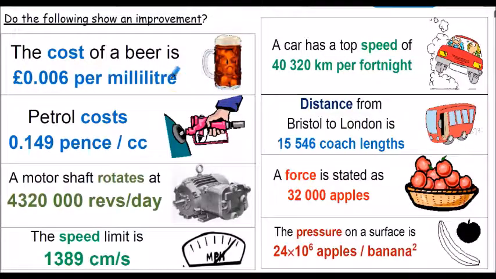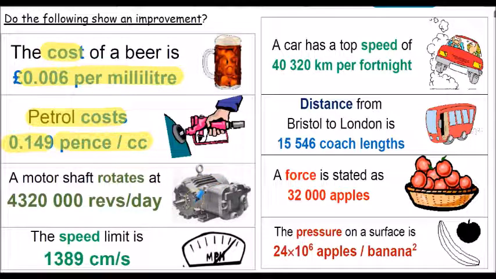Let's consider the following statements. You're in a restaurant and you look at the cost of a beer and it says it's 0.006 pounds per milliliter. Is that cheap or is that expensive? Drive onto a petrol forecourt and the price of petrol is quoted as 0.149 pence per cubic centimetre. I used to work for an electric motor manufacturer and customers wanted to know the speeds of the motors.